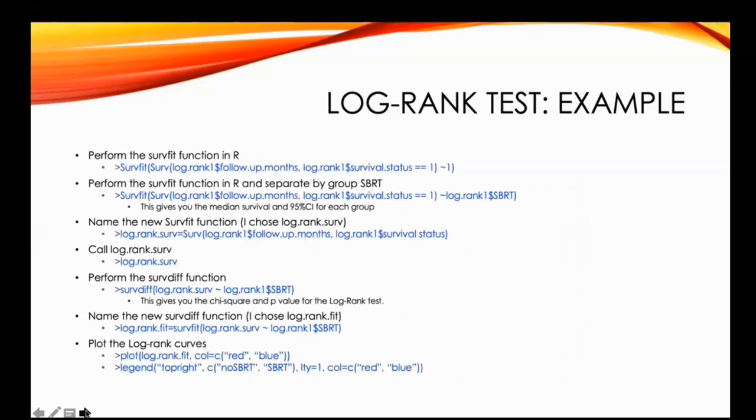Now we're going to perform the survfit function in R. Again, we need the follow-up in months and the survival status, and we need to define 1 as the event. Then we're going to perform the survfit function, which is going to give us the median survival and 95% confidence interval for each group, divided by SBRT status. Then we're going to name the survfit function, perform the survdiff function, and plot it, which is the log rank test.